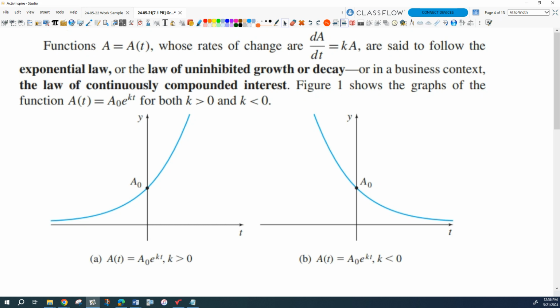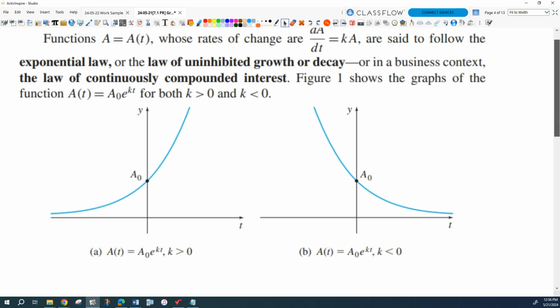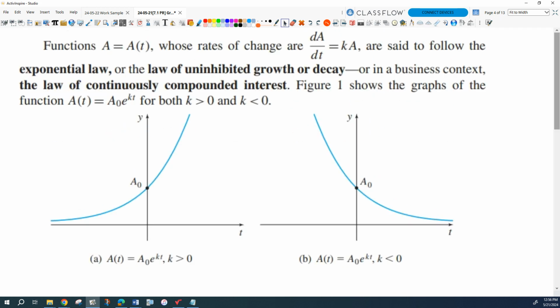So uninhibited growth rarely occurs. Biologically, it can't occur. And it doesn't occur very often in physics. At some point, things run into scarcity of resources or of constituent particles, and it can't be sustained. But it's a good model for a while.